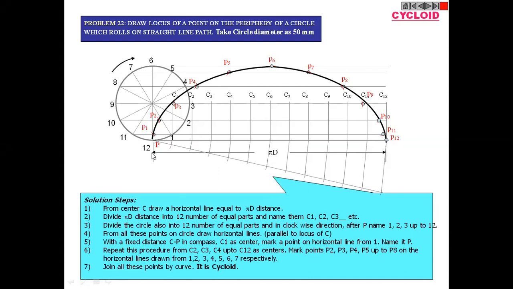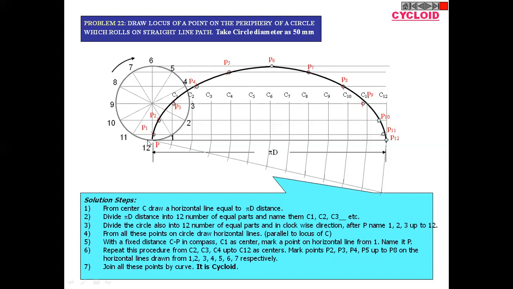The same majority of the procedure steps we have to repeat later on for different types of curves. So you have to draw a rolling circle. You have to divide this rolling circle into 12 equal parts and give numbers to all the divisions.